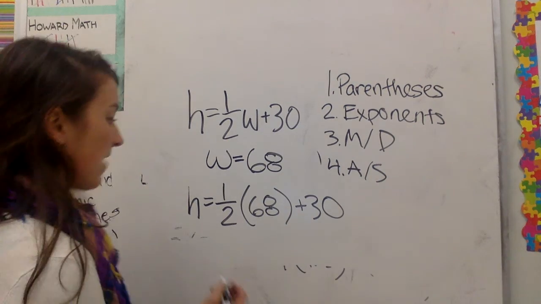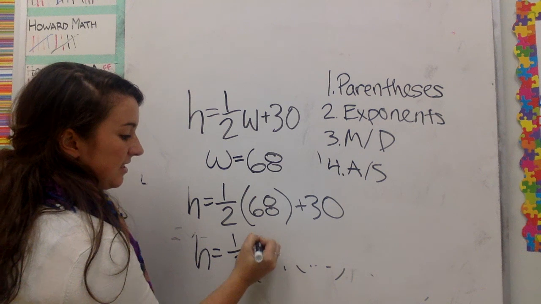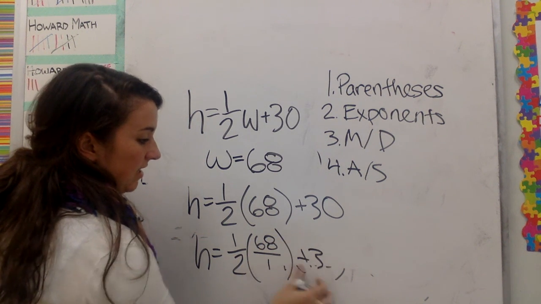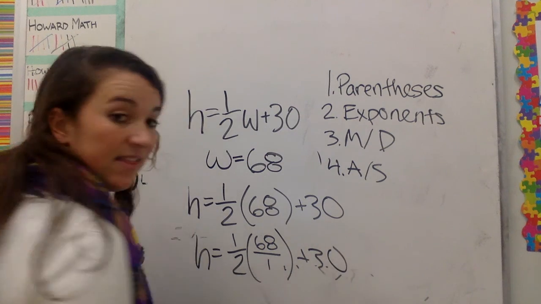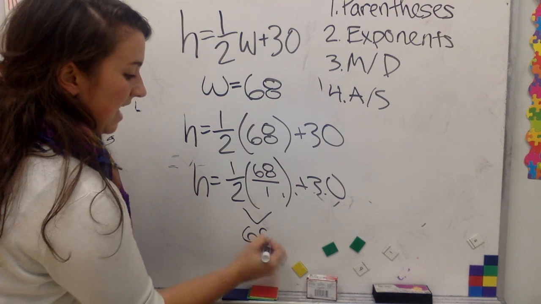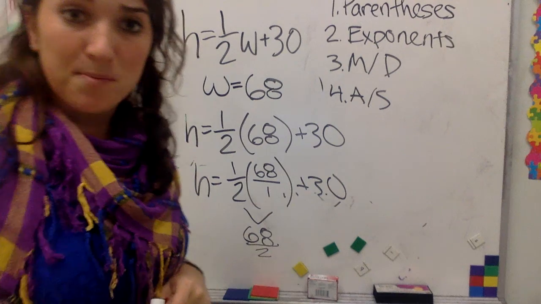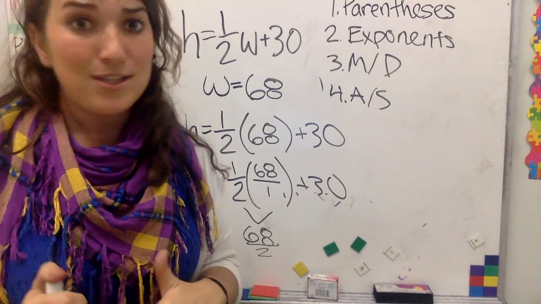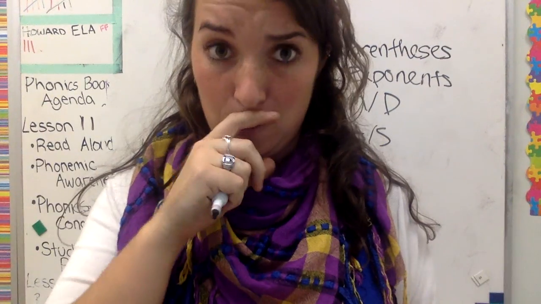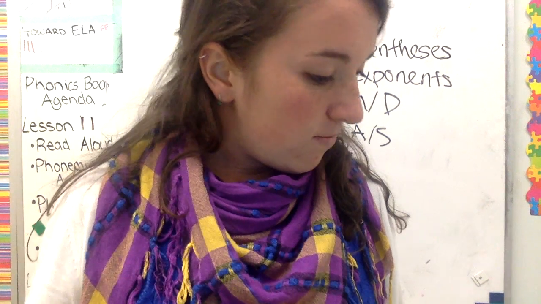You can see this if you write out H equals 1/2 times 68 over 1 plus 30. This right here just becomes 68 over 2. So you just take this number that you're multiplying by 1/2 and divide it by 2. I know you guys can divide 68 by 2 on your own, so I'm not going to walk you through it. So finish up that problem on your own, and then you have, how many more problems?